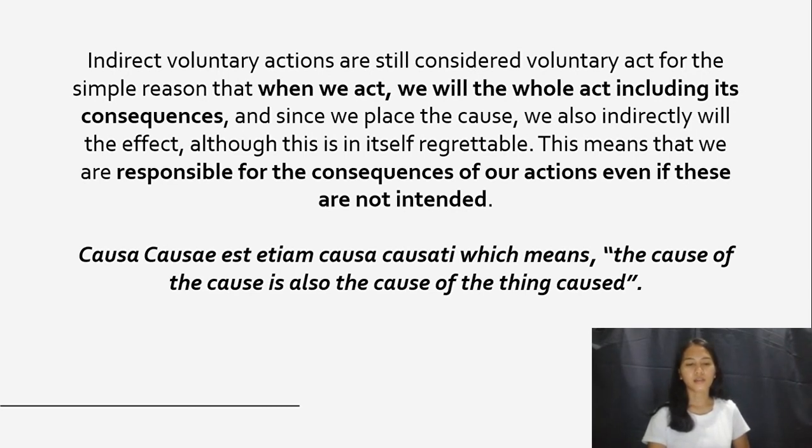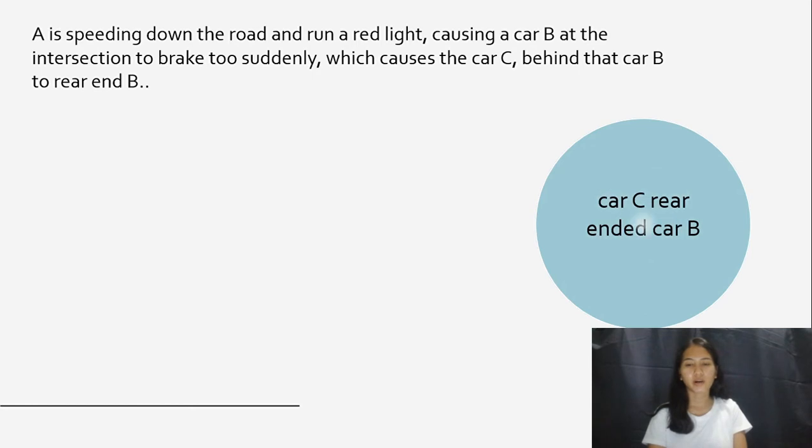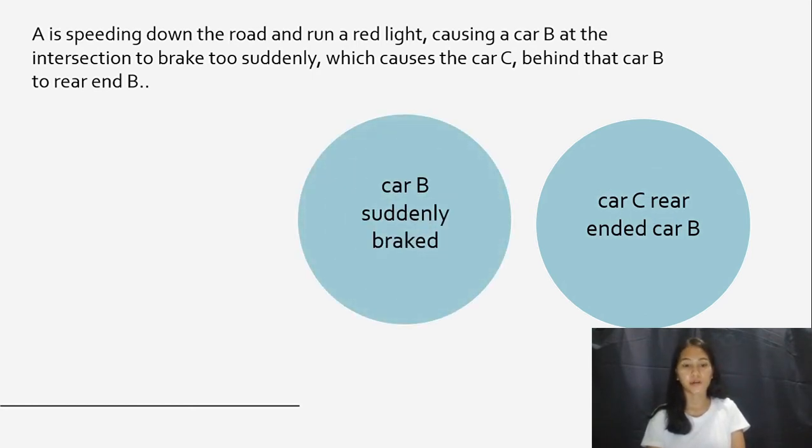Causa causae est causa causati, which means the cause of the cause is also the cause of the thing caused. To fully understand this phrase, an example: A is speeding down the road and runs a red light, causing car B at the intersection to brake too suddenly, which causes car C behind car B to rear-end B. The cause why car C rear-ended car B was because car B suddenly braked.